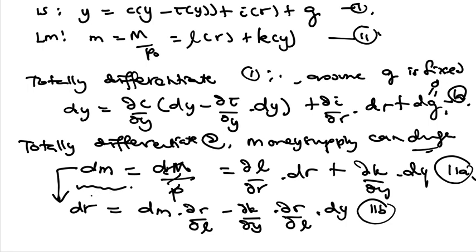Now, what do we need to do next? As usual, once you have found dR, you substitute it back into the total differentiation of IS, which is 1A.